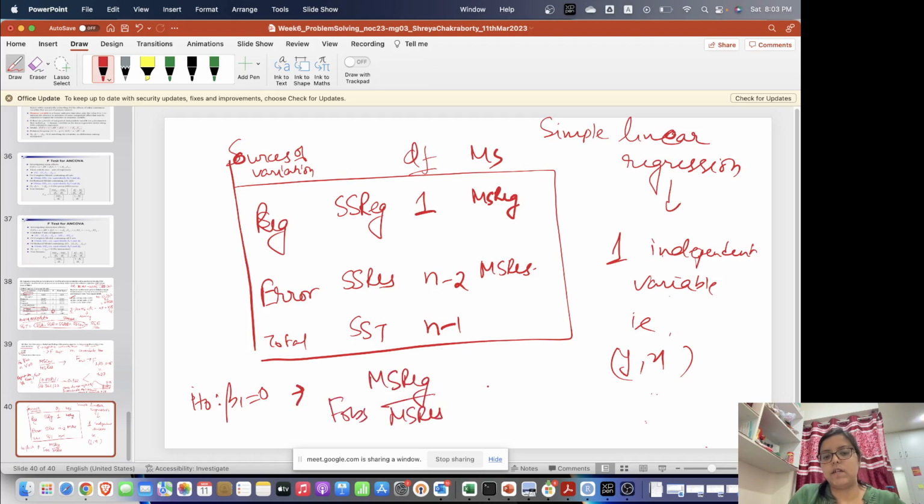This will be the F observed, and the rejection rule will be to reject H naught if and only if F observed is greater than F(1, n minus 2, 0.05). So for a simple linear regression, the test for significance of the regression line boils down to beta 1 equal to 0. This is not true for multiple linear regression. Whatever I am saying in this slide is in the context of a simple linear regression.